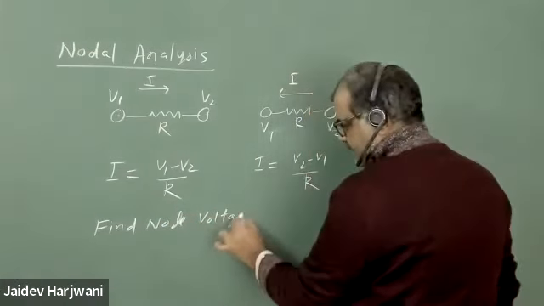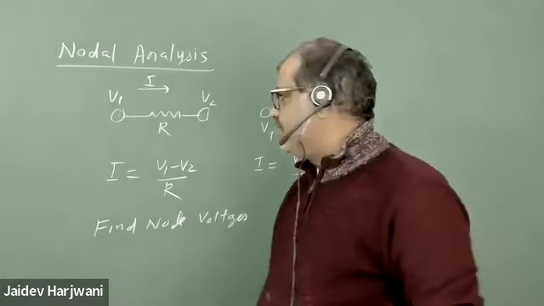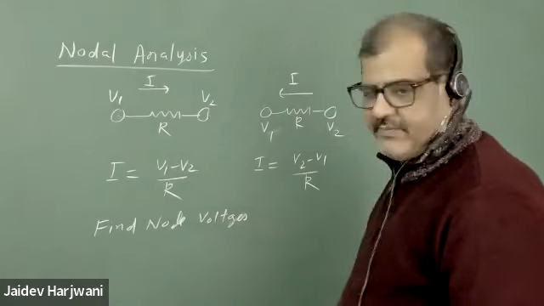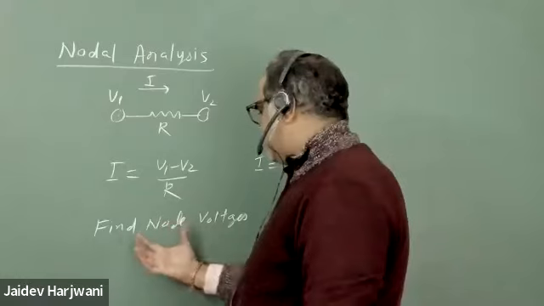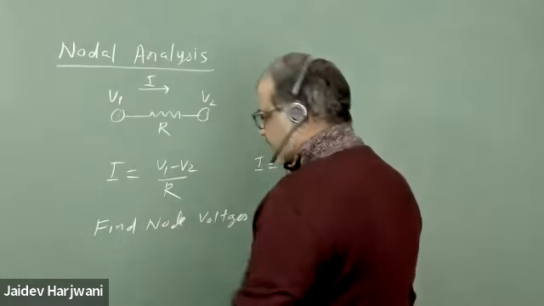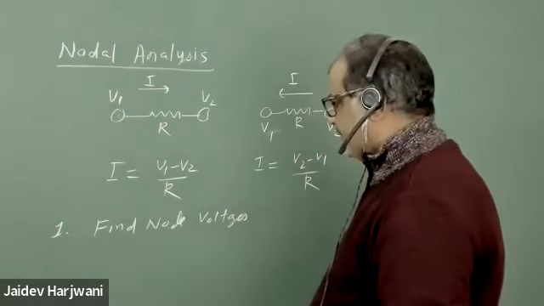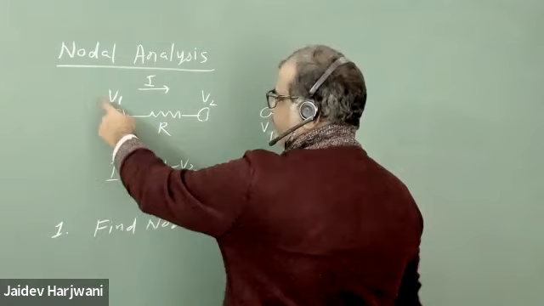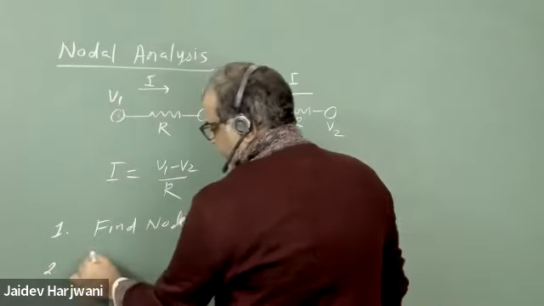Please repeat starting, sir. Yeah, so we are discussing nodal analysis technique today. The main procedure we are going to follow in nodal analysis is to calculate the node voltages. First, we find node voltages. Once I know the node voltages, for example, these two nodes have potential v1 and v2, I can immediately find branch currents.